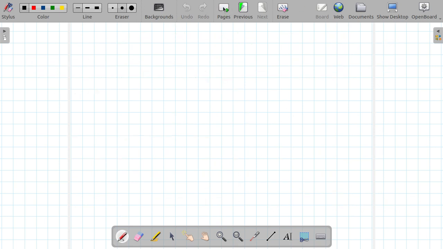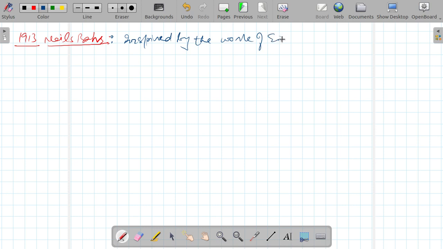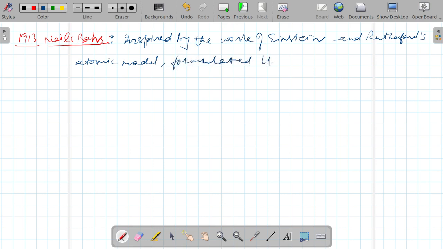Then in 1913, Niels Bohr, inspired by the work of Einstein and Rutherford's atomic model, formulated the following postulates.